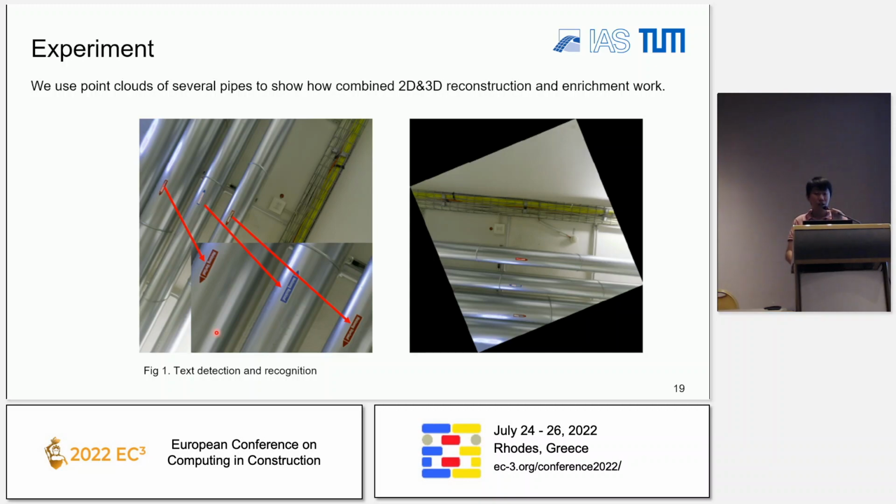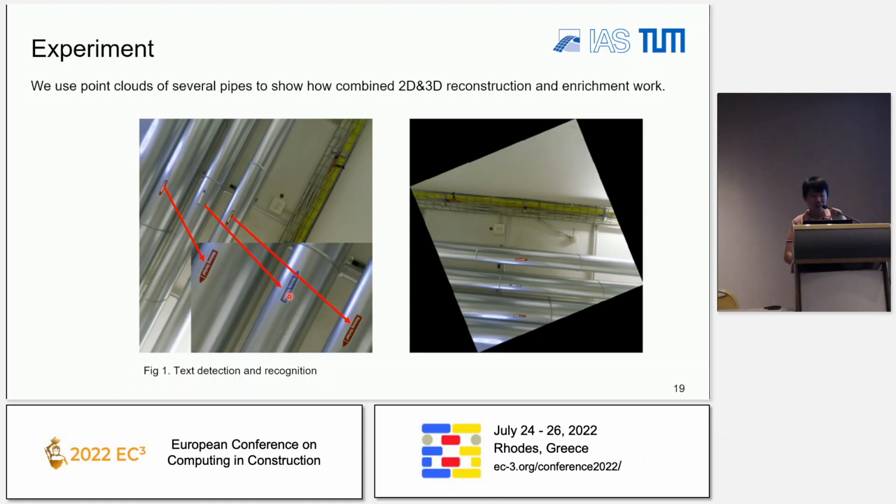Usually in our buildings, at least in the buildings on the TUM campus, on those pipes there are usually some labels which show the fluid properties, for example, fluid direction or fluid temperature or something like this. By applying text detection in 2D images, and then text recognition, those kinds of text information can be extracted in 2D images. And this extracted information can be further mapped into the 3D model.